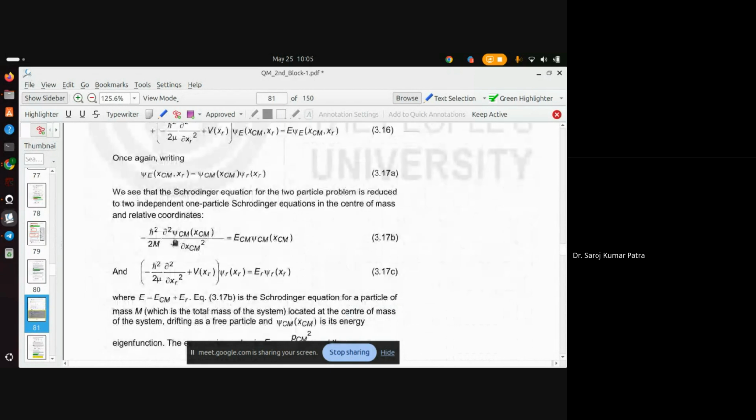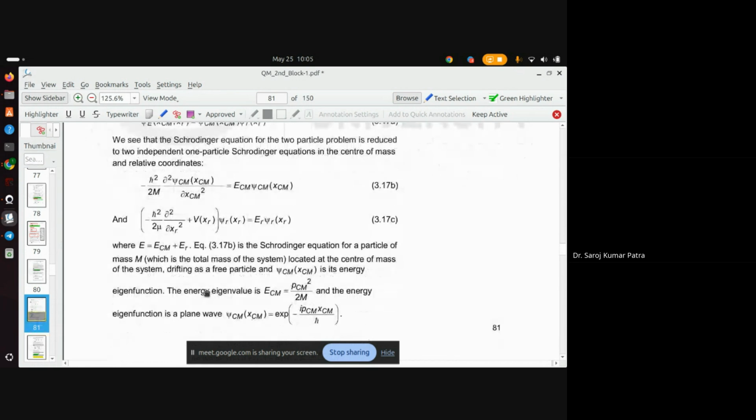One is minus h cross square by 2m del square by del xcm square psi equal to ECM psi. The other one is minus h cross square by 2 mu del square by del xr square plus V of xr, here is the potential, psi R equal to ER psi R. And the total energy would be the center of mass energy plus the reduced energy, and the time evolution part would be simple, right?